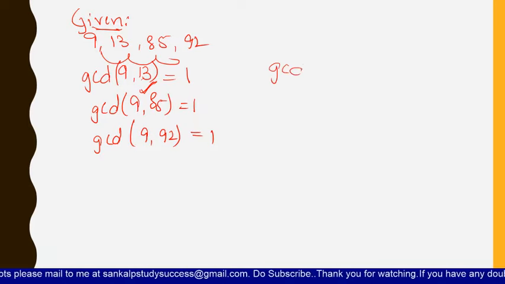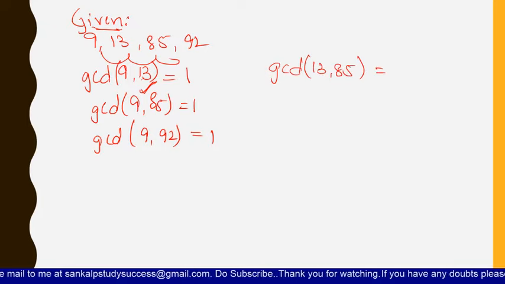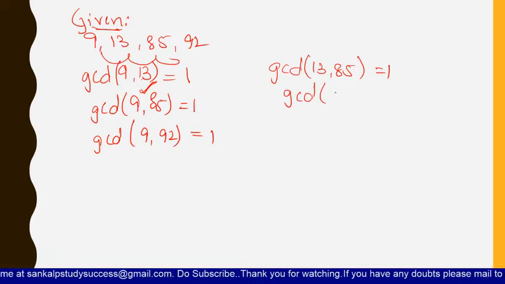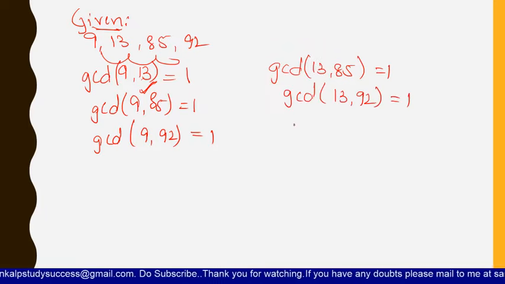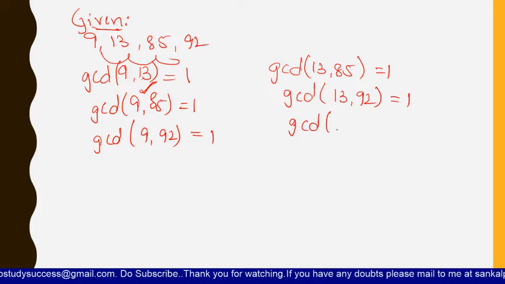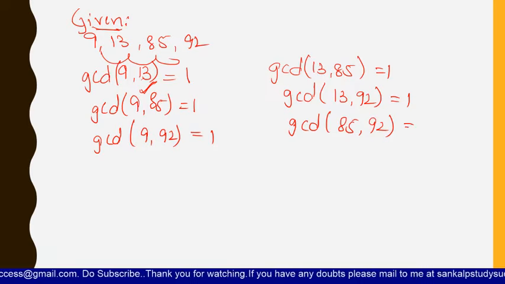Now, the combinations of 9 have been completed. Let us take the combinations of 13. 13 is a prime number again. We will get GCD as 1. Then GCD of 13 and 92 will become 1. Now, GCD of 85 and 92, because combinations with 13 have been completed.